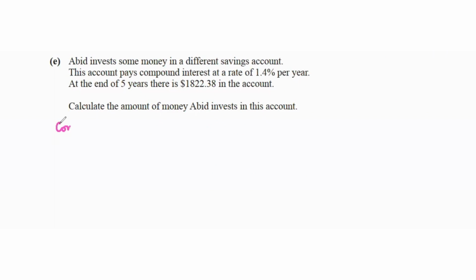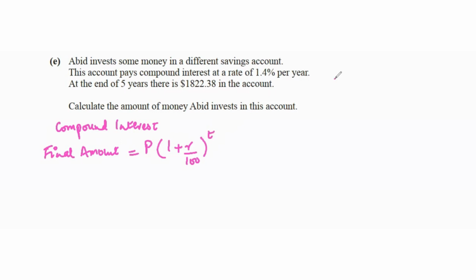So when we have compound interest, your final amount equals P times 1 plus r over 100 to the power of t. P is what we have to find.